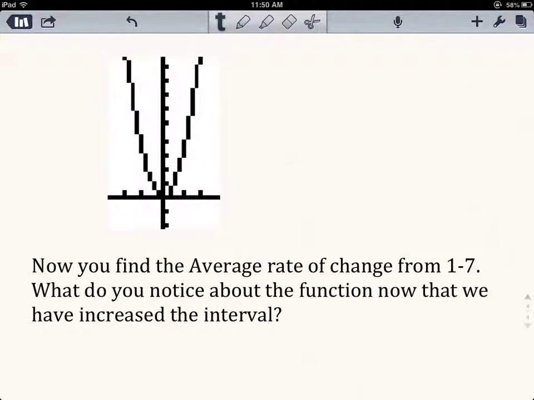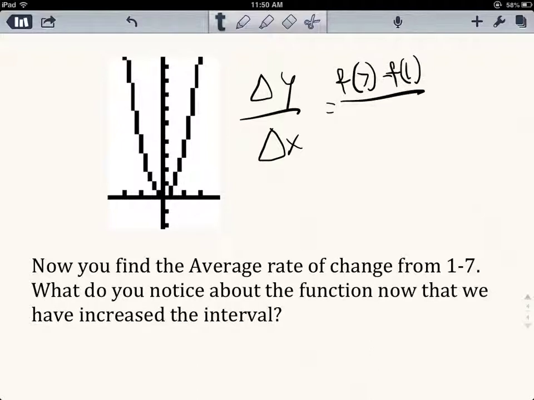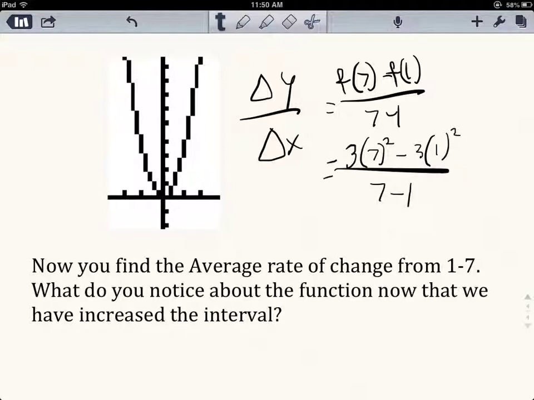Now we've got one from 1 to 7. Same thing, delta y over delta x: f of 7 minus f of 1 over 7 minus 1. So we end up with 3 times 7 squared minus 3 times 1 squared, all over 7 minus 1. So we end up with 3 times 49, which is 147.